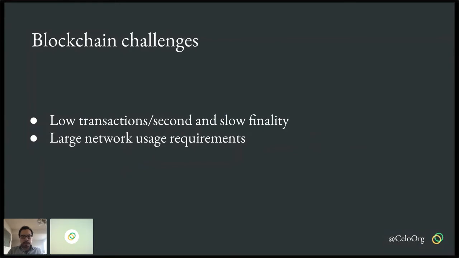The thing, though, is that a lot of the original blockchains did have issues that make fulfilling Celo's mission very, very challenging. So, for example, Ethereum and Bitcoin both had slow transaction rates and long transaction finality times, up to an hour. And this is because of the proof of work consensus engine. Additionally, there were relatively high data requirements to maintain security and trustlessness.